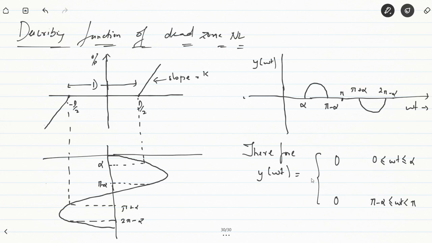And in between, our sinusoidal waveform will be equal to k(x minus d by 2), where x is equal to X sine of omega t, from alpha to pi minus alpha. So looking at this function that's our output, it is both odd and has a half wave symmetry.